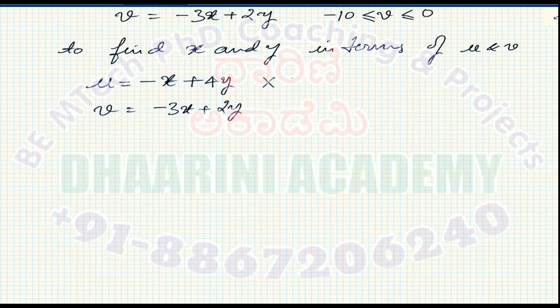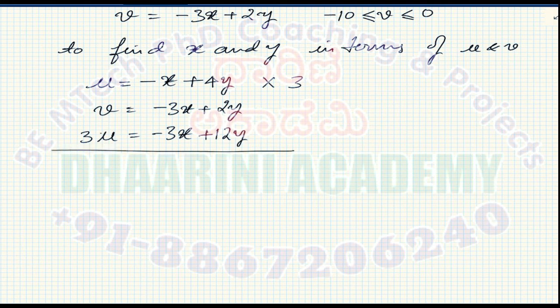So 3u equals minus 3x plus 12y. Simply subtract. That is v minus 3u equals, this will cancel, 2 minus 12 is minus 10y.